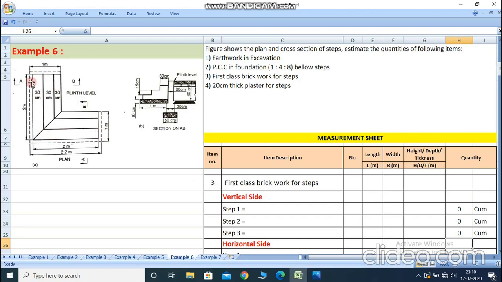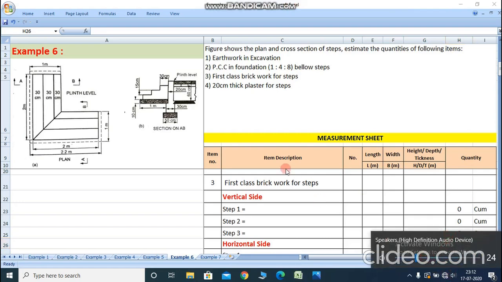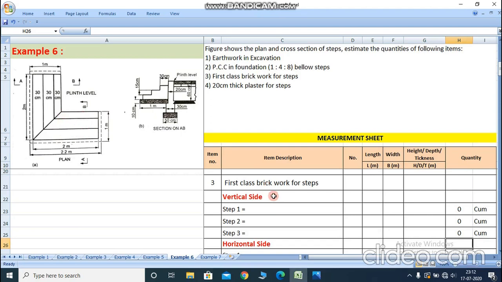So here first class brickwork for step 1, step 2 and step 3 for the vertical side, and also we calculate for step 1, step 2 and step 3 for the horizontal side.